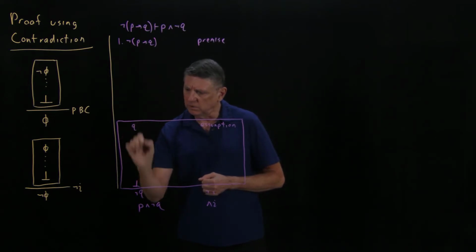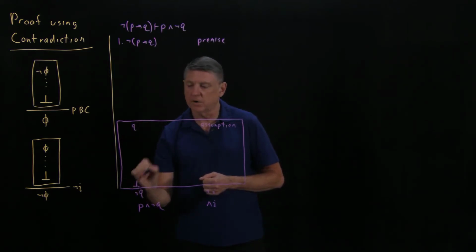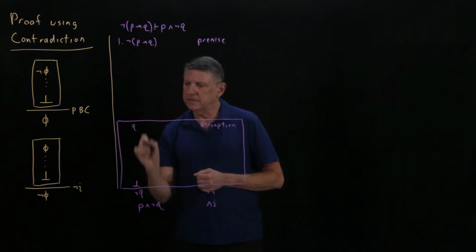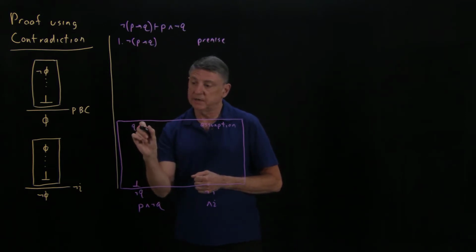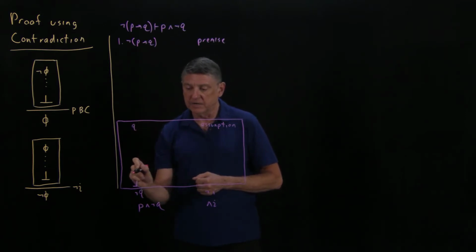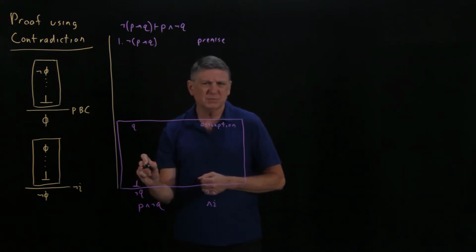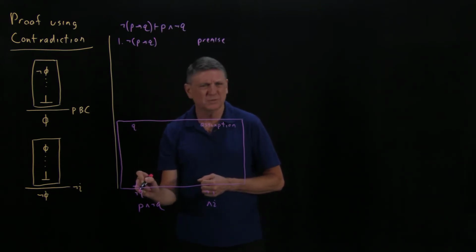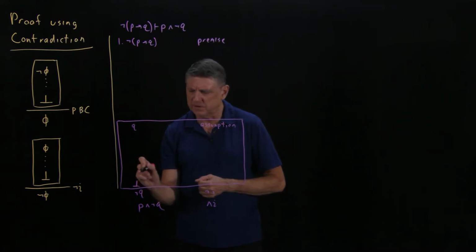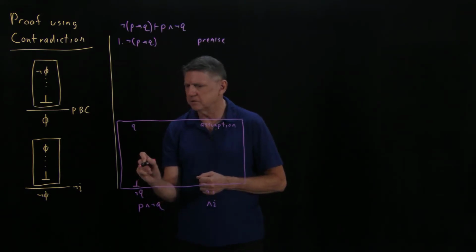However, my goal is still a contradiction, or a bottom. And there are only two ways that I could arrive at that. I could either write not Q, which doesn't seem so useful, does it? Because not Q is what we're trying to prove outside the box. So that's probably not a good thing to do.